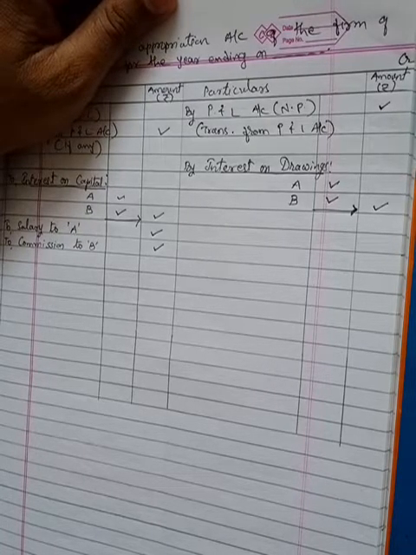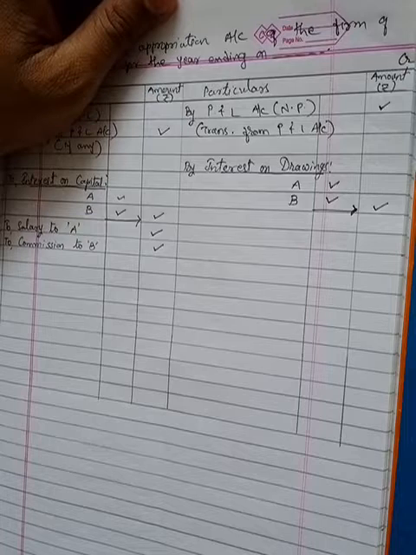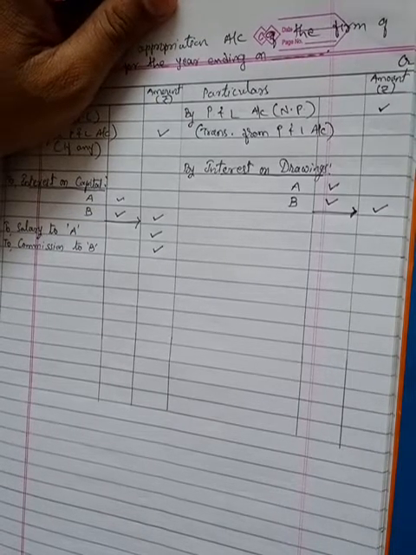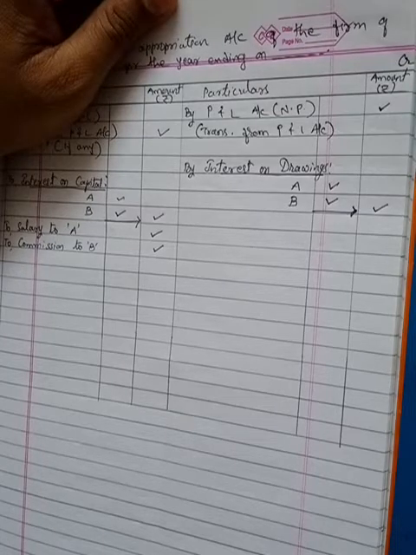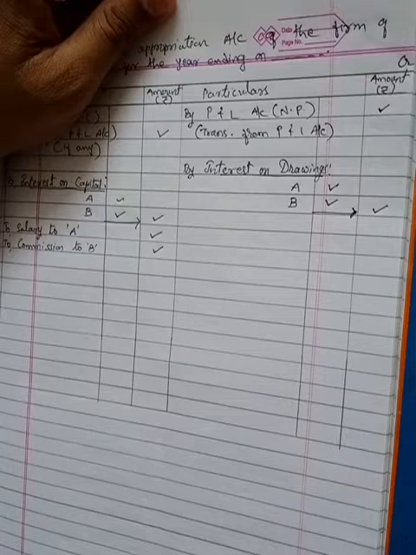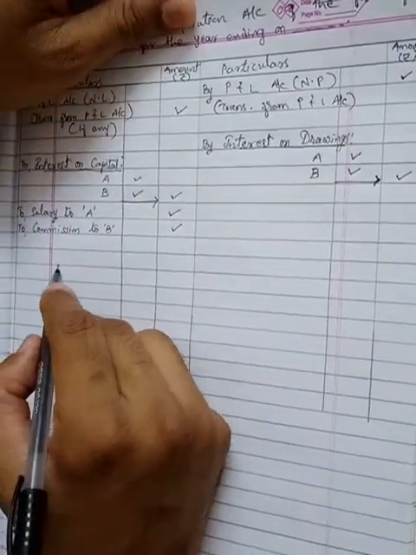So if there is a credit balance of current account of a partner, then on that credit balance, the firm has to pay interest to the partner. So for the firm, that interest on credit balance of current account is an expense. So it is shown on the debit side of the appropriation account.